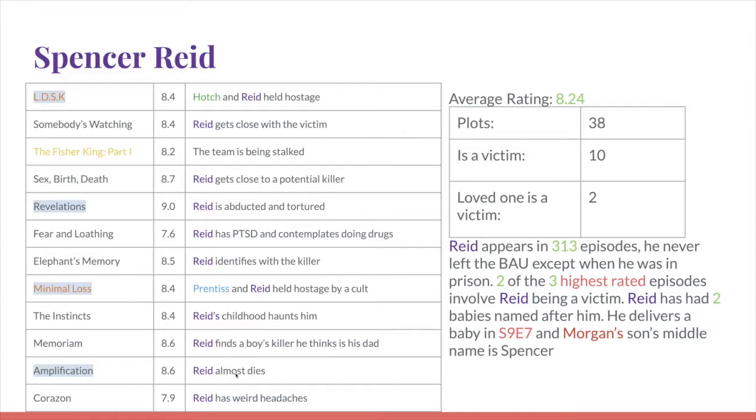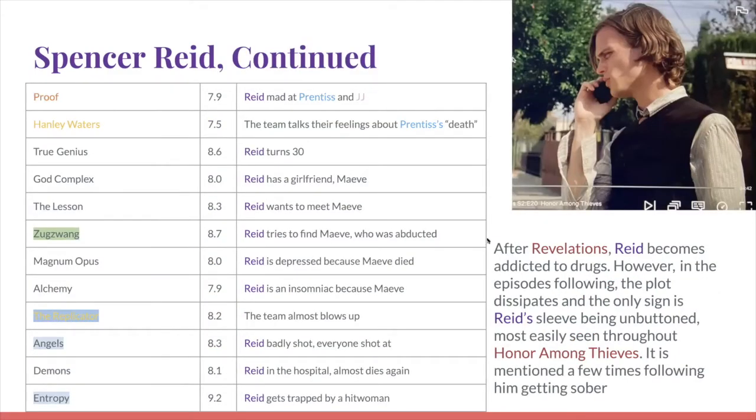One thing I should probably mention is a lot of episodes immediately following the character being a victim, like Fear and Loathing, have to do with them trying to get past whatever just happened to them. So for Reid, in Fear and Loathing, he has PTSD and contemplates doing drugs. Following with the drug plotline, it was kind of dropped, but after Revelations, Reid becomes addicted to drugs.